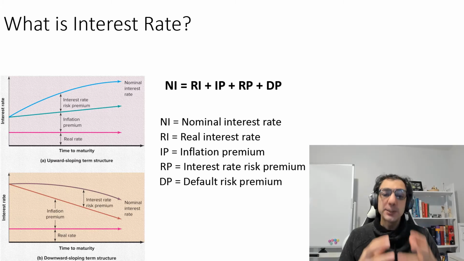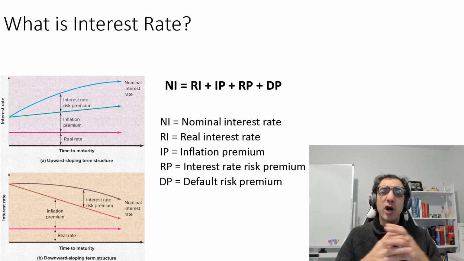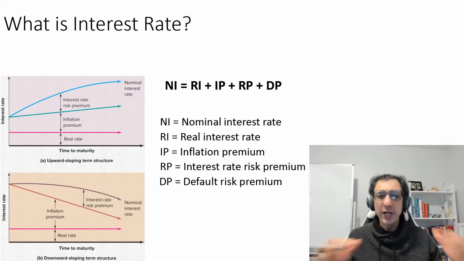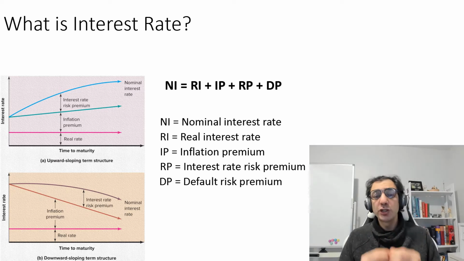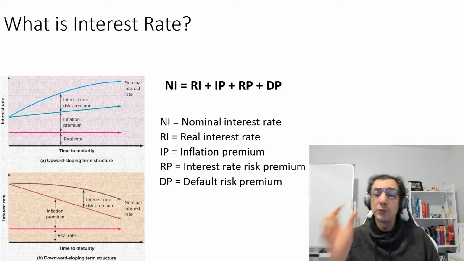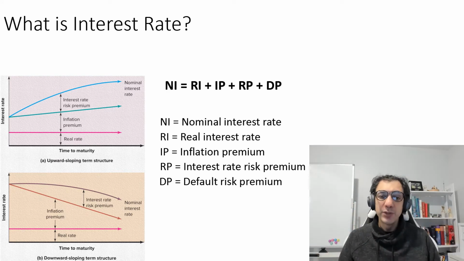As you're expecting, normally as the time becomes longer, the interest rate is higher. That's why we have the upward sloping term structure. What is the term structure? The term structure shows the relationship between the time to maturity and the interest rate. So as I mentioned, normally longer maturity means higher interest rate.